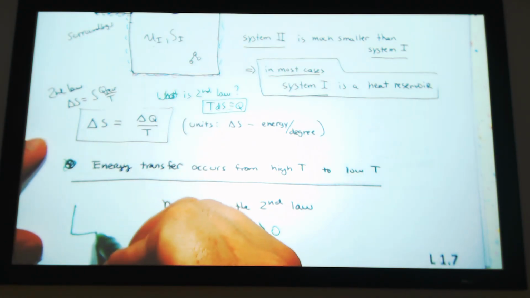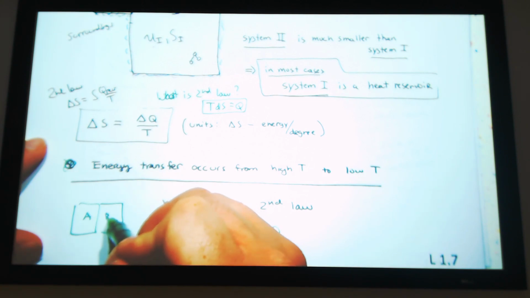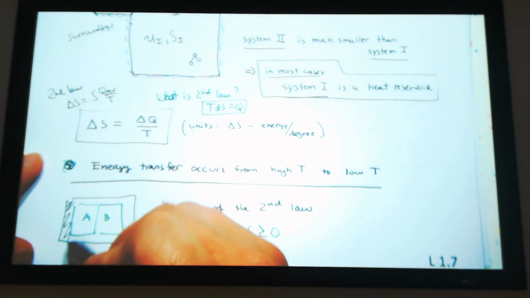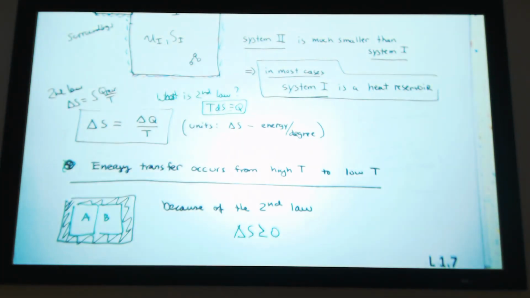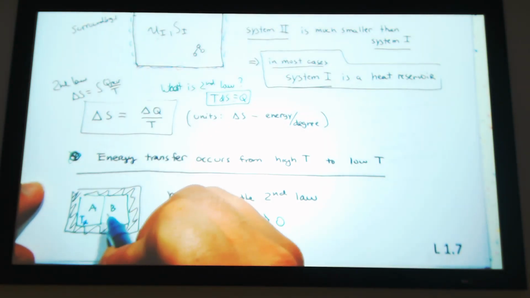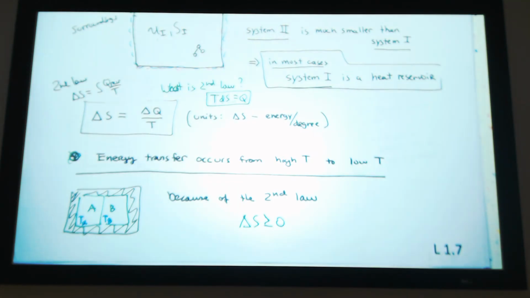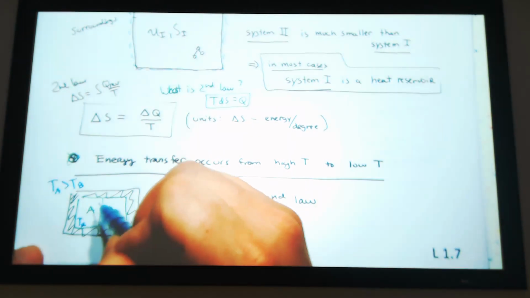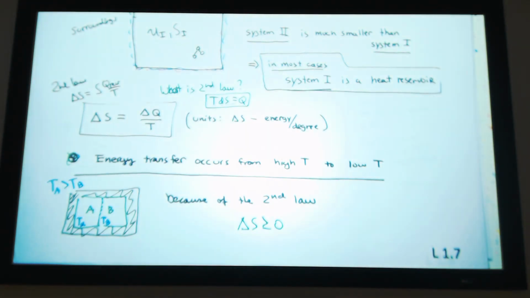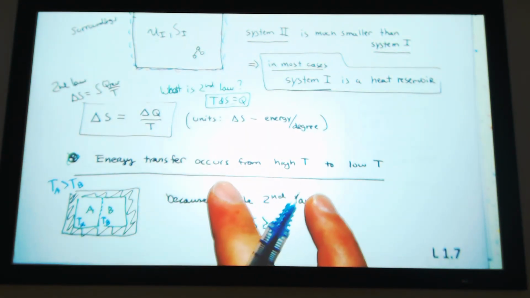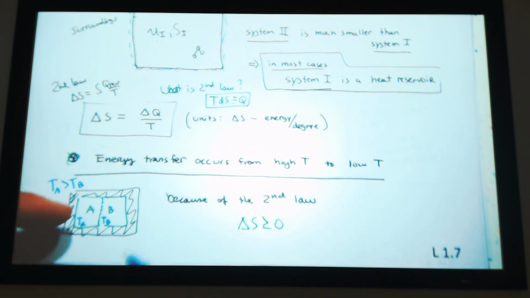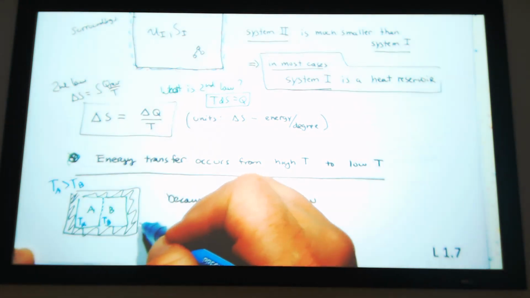So in that case, I have system A and I have system B, and then I draw, in order for it to be isolated, I have to draw a boundary around it, like such. And so in system A and system B, I have a temperature TA, and I have a temperature TB, and I'm going to say that TA is greater than TB, and this is some fictitious boundary, and given it's isolated, I really don't know what's happening inside, but I make isolated boundary conditions so no heat or mass can go in or out, no forms of energy, isolated.